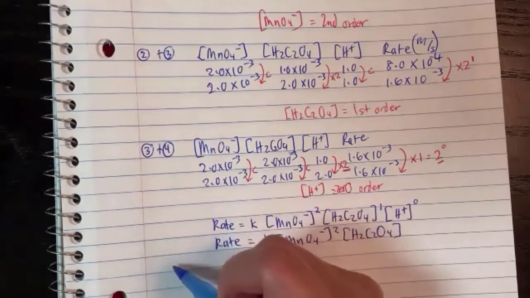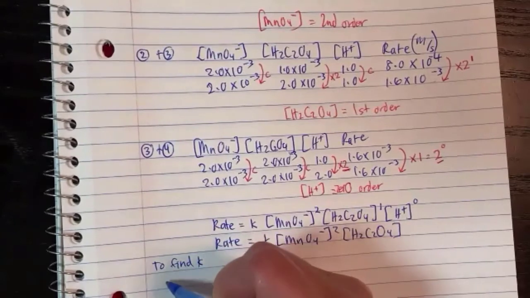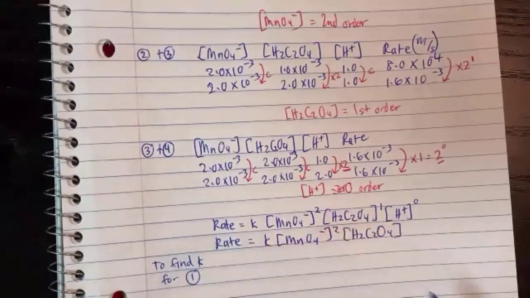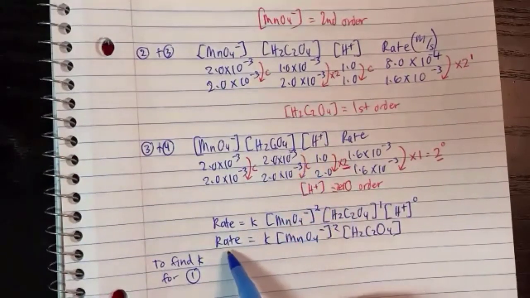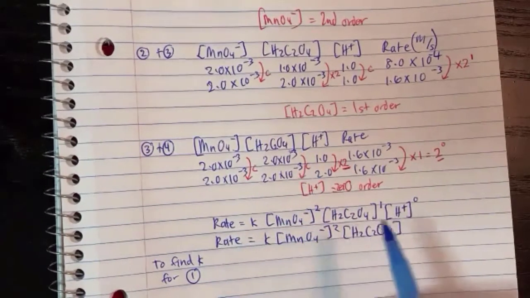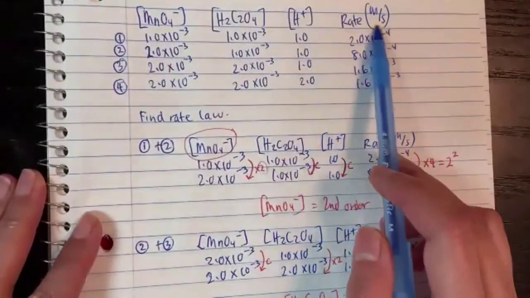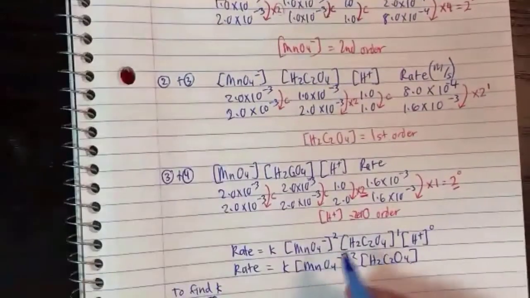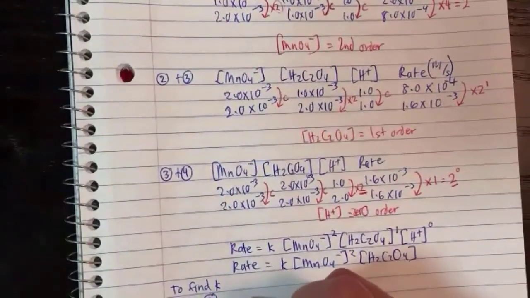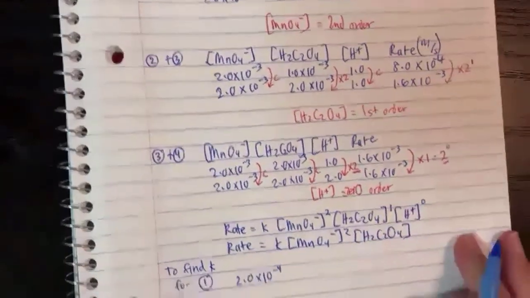Okay, so to find K for line 1, what we're going to do is plug in the rate for line 1. So you take a look at your table up front here on the top. That's the rate for line 1. I'll write that down. And all the concentrations will go in there, okay? So the rate for line 1 is 2.0 times 10 to the minus 4.